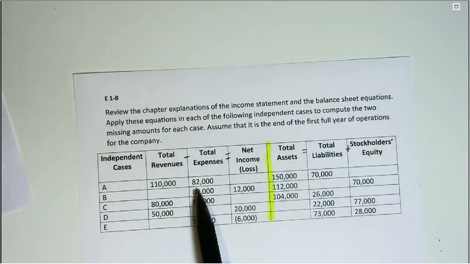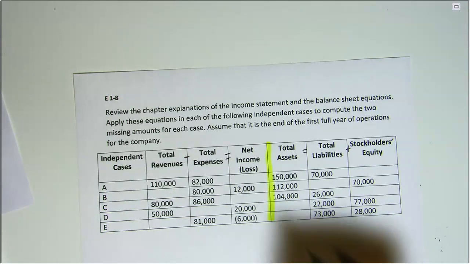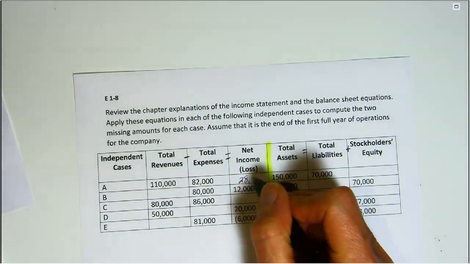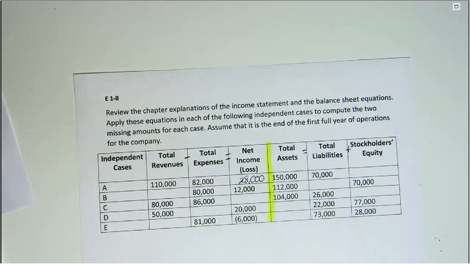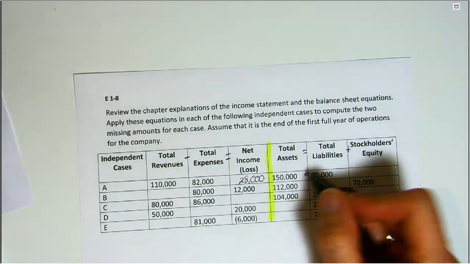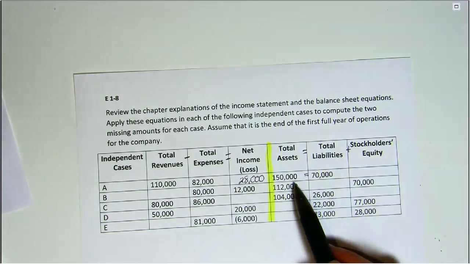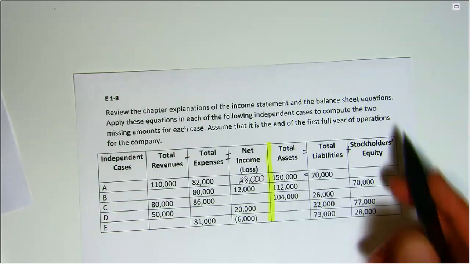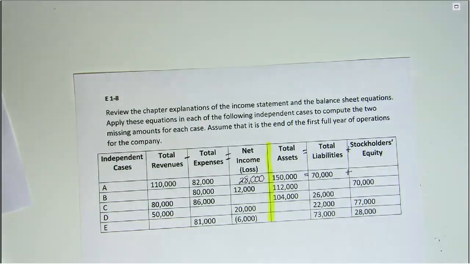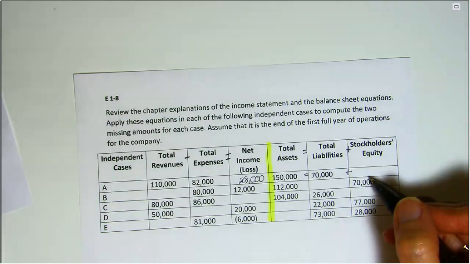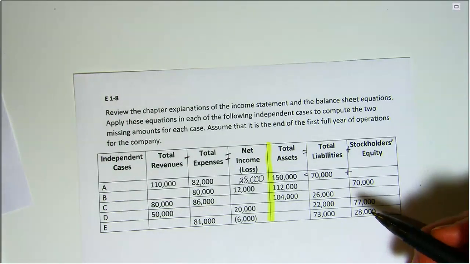110,000 minus 82,000 gives us net income of 28,000. Total assets of 150 equals 70 plus something. Well, the stockholders' equity must be 80,000 because 80 plus 70 equals 150.